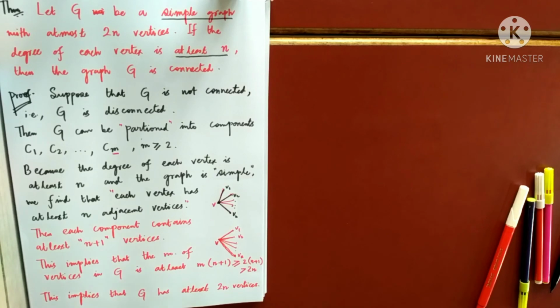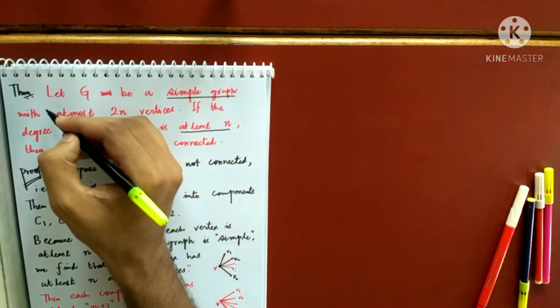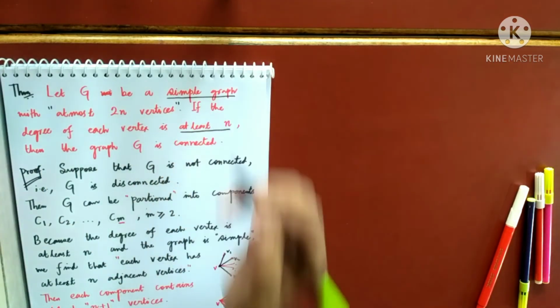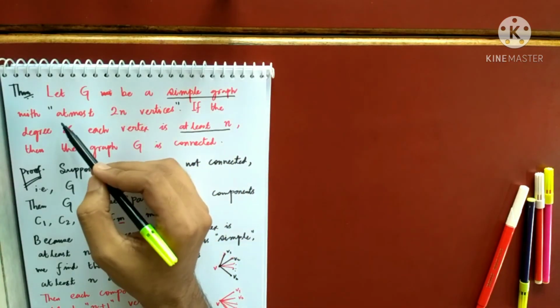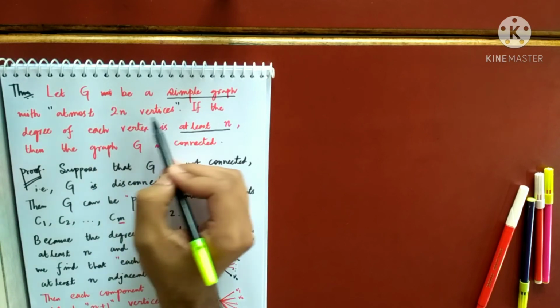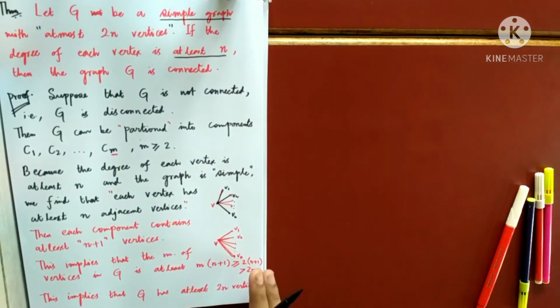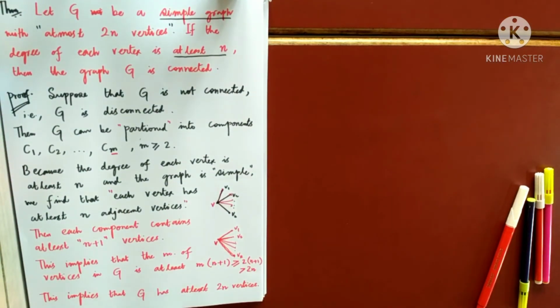This is a contradiction because, what was my hypothesis? That the number of vertices in G is at most 2n, right? It has at least this. I should actually not say at least this, but at least 2n plus 1, because it is greater than 2n. We always say 2n plus 1 here, okay?